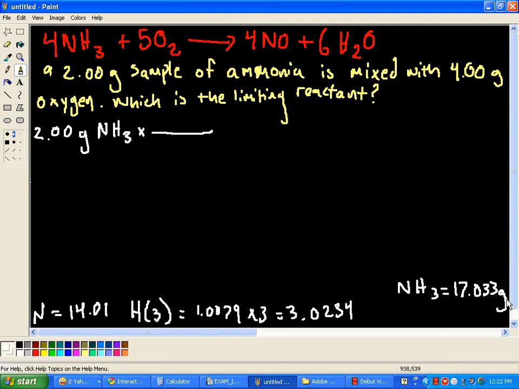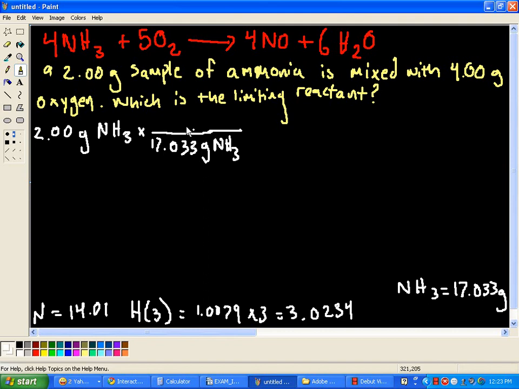Alright, so we go back to our conversion, and we start out with our first value, 2 grams NH3. For every 1 mole of NH3, you have 17.033 grams NH3.